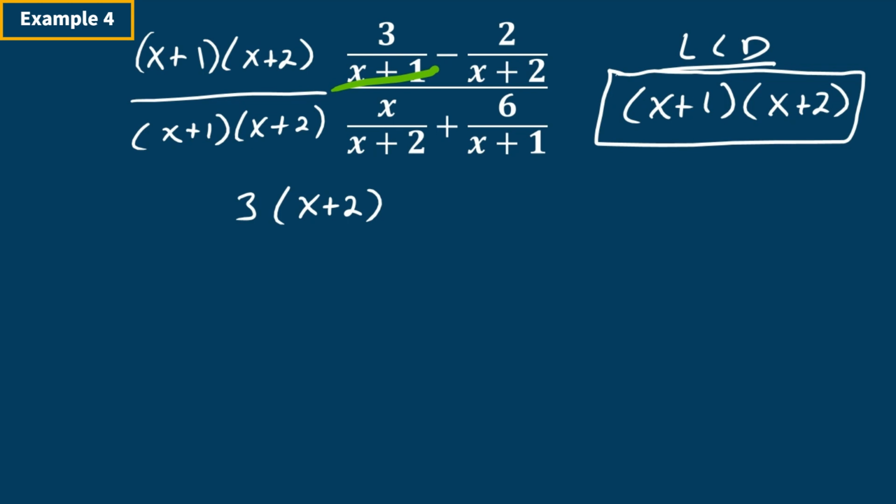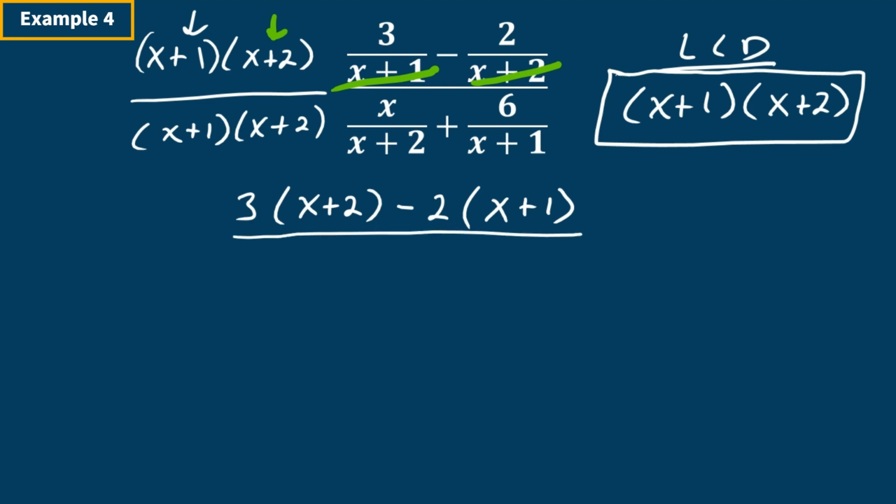We can see here that this x plus 2 is going to cancel with this x plus 2, and what's left over is this x plus 1. So let's go ahead and multiply those together. We're going to have negative 2 times x plus 1, like that. So now the numerator is complete.